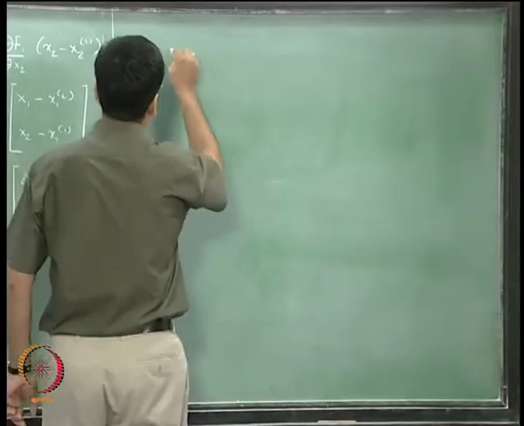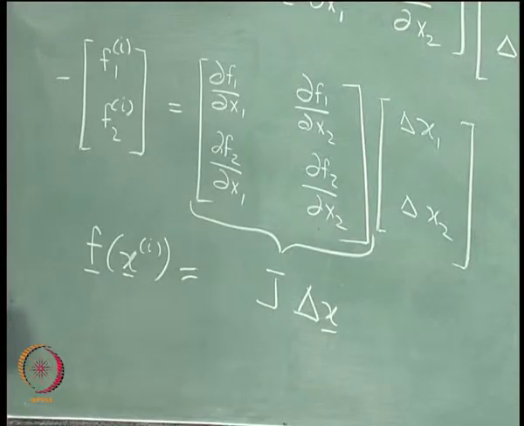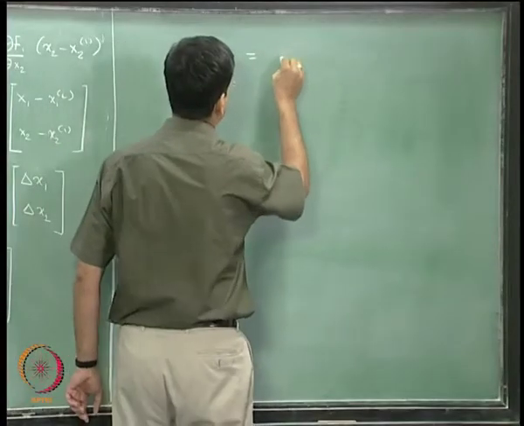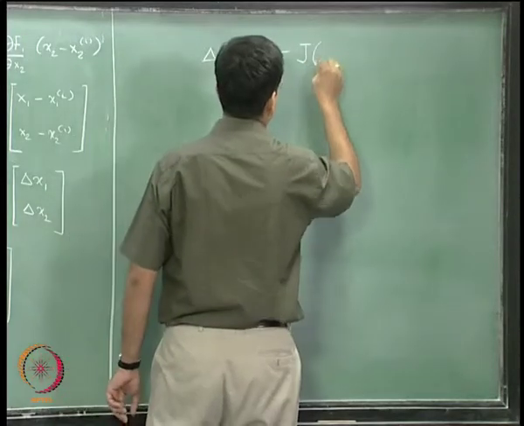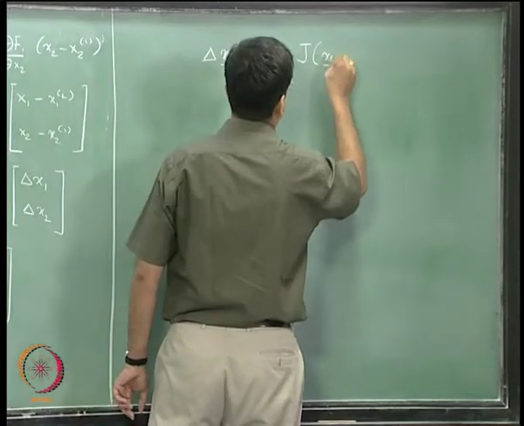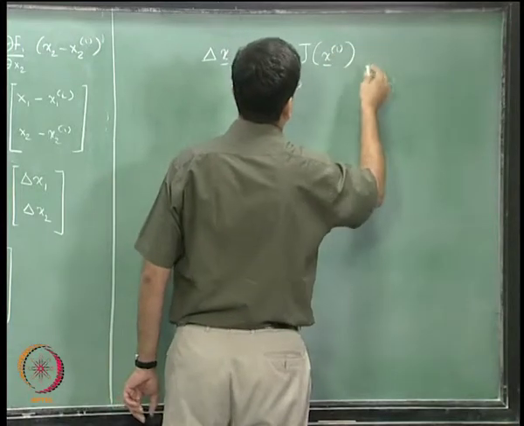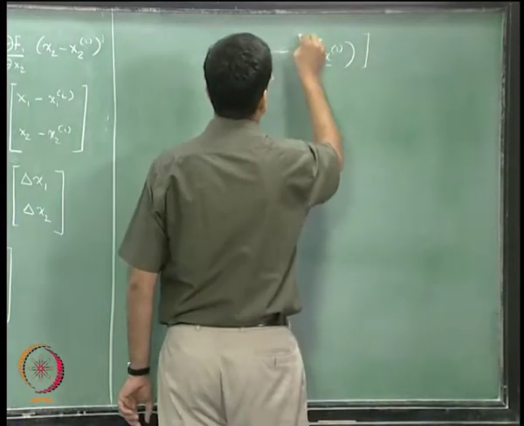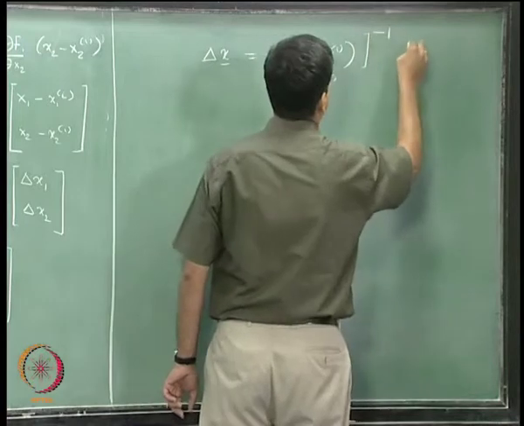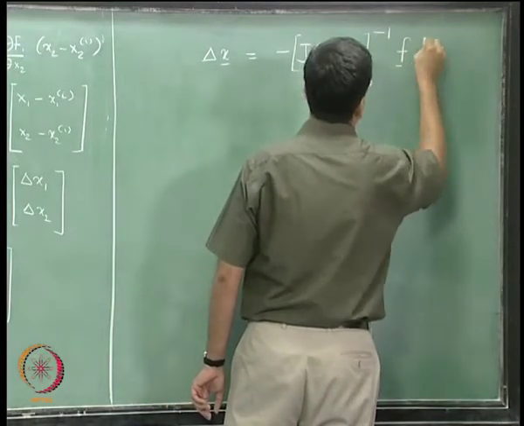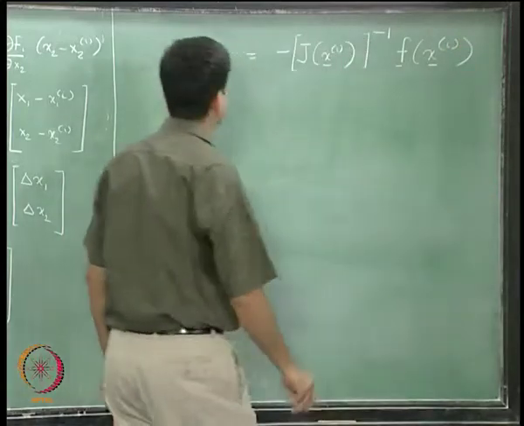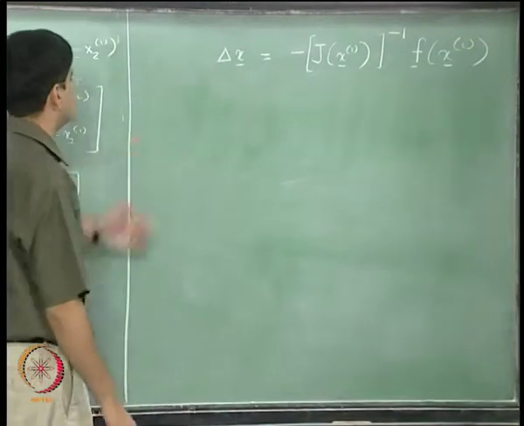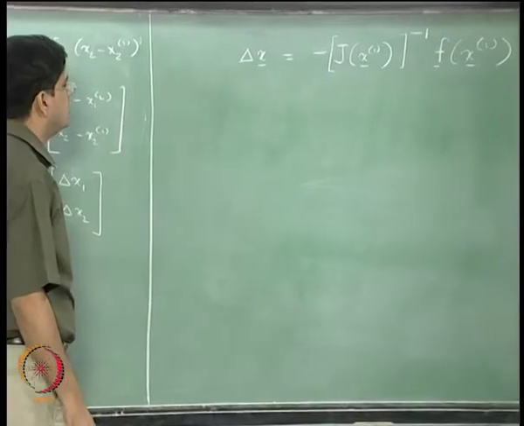So our delta x bar is going to be equal to minus J computed at x bar of I, inverse, multiplied by f bar computed at x bar of I. Okay. This is essentially what we will get.